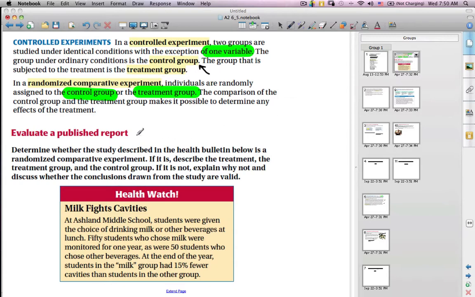Okay, if you want to evaluate a published report, you want to take this information that we're talking about and look at it and see, is this going to be a valid report or is it going to be a piece of junk? Because anybody can conduct an experiment and then say they've determined results, but if it's a flawed study, then you should have the background to understand, oh, this study was flawed.